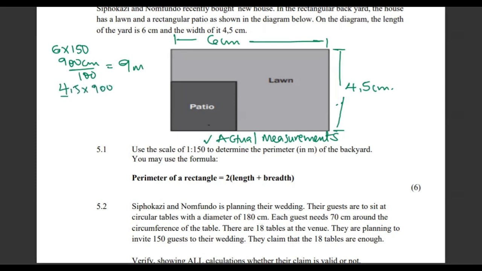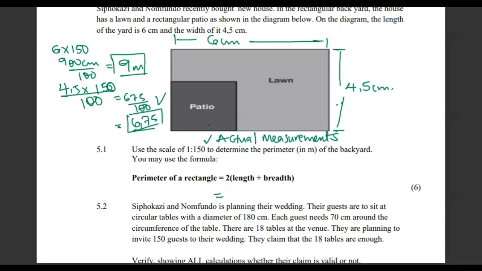Then the width, I need to change 4,5 times 150, divided by 100. Sorry, times 150. 4,5 times 150 gives 675 centimeters. I'm determining this is the width and this is the length in actual size.